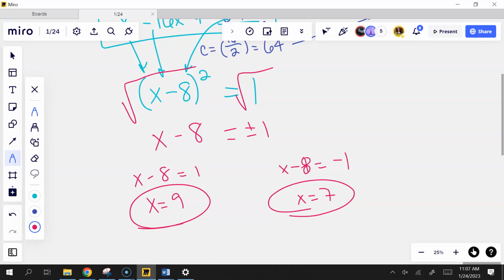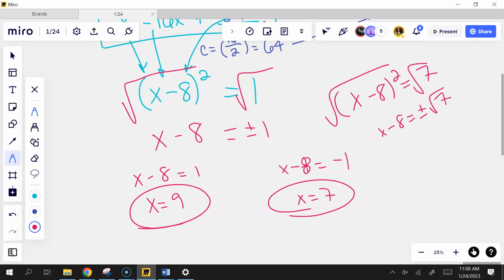If it's not a perfect square, just leave it in the radical. So if I had x minus 8 squared equals 7, I would square root both sides and say x minus 8 equals plus or minus square root of 7. And then I would just add the 8 over there. I can say plus or minus square root of 7 plus 8, and just leave it written like that. That's an exact answer and it's acceptable that way. A lot of times we'll put the whole number first followed by the radical, but either way is fine.